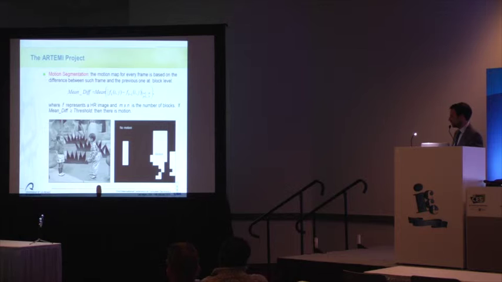And in a similar way, we work with the motion. But in this case, we use the mean difference between the different frames, okay? And again, we need to define a threshold to say if we have motion or no motion. In this case, we have these buoys that are moving in some way, and we are detecting motion in here, for instance.